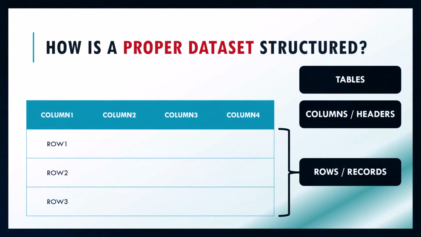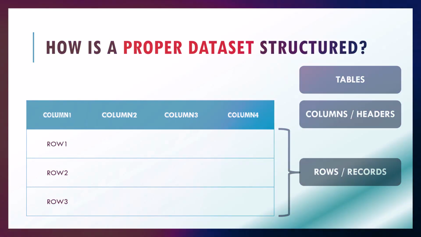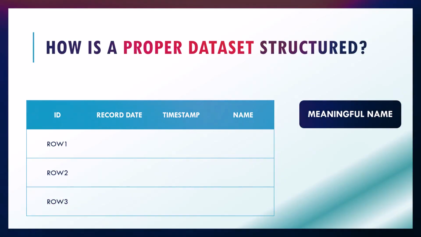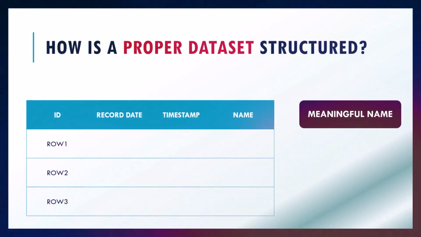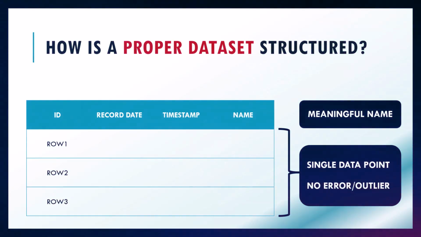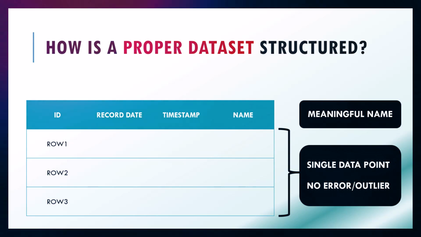Each column in the data set represents a specific aspect of the data, and it should be labeled with a meaningful name. Each row in the table corresponds to a single data point or observation, and it should not contain any error or outlier.